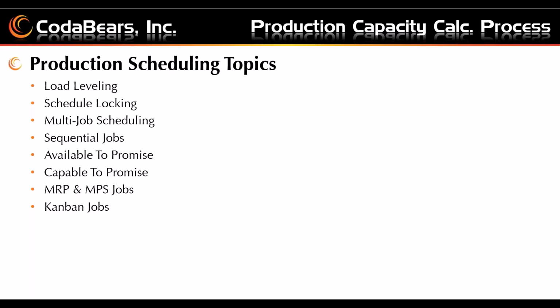So depending on the demand required and the supply available, the ATP total quantity is either a positive or a negative value from the quantity needed on that date. So my available to promise is how many you're going to have. Capable to promise is going to look at the date, look at the current load and the schedules, and tell me when can I have the parts.